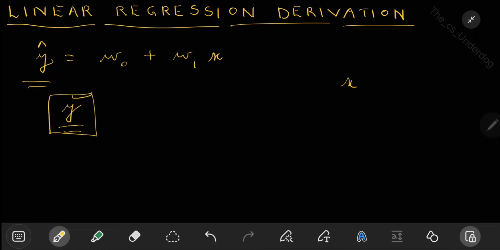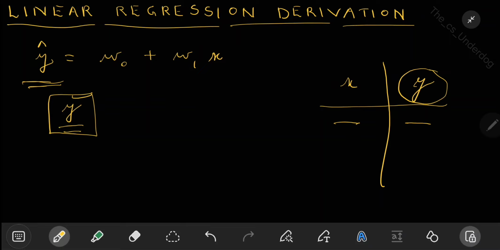That is, you already have some values of x and y, this is the data that you already have. So for one particular value of x, y you already have with you, but with your linear equation you are predicting some value without seeing the actual y. What is that value? That is y cap.